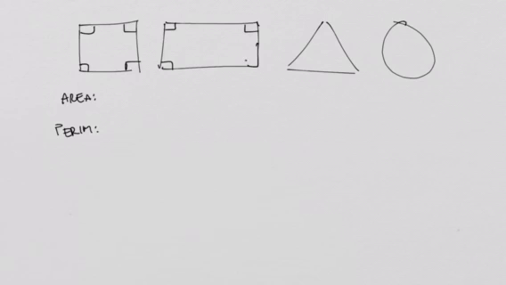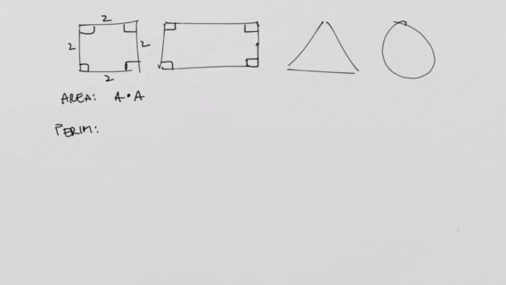Usually they'll have a right angle to indicate even sides. But as long as I tell you this is a square, then you understand what all the other sides are. So length times width, area for a square, is just one side times the other side.